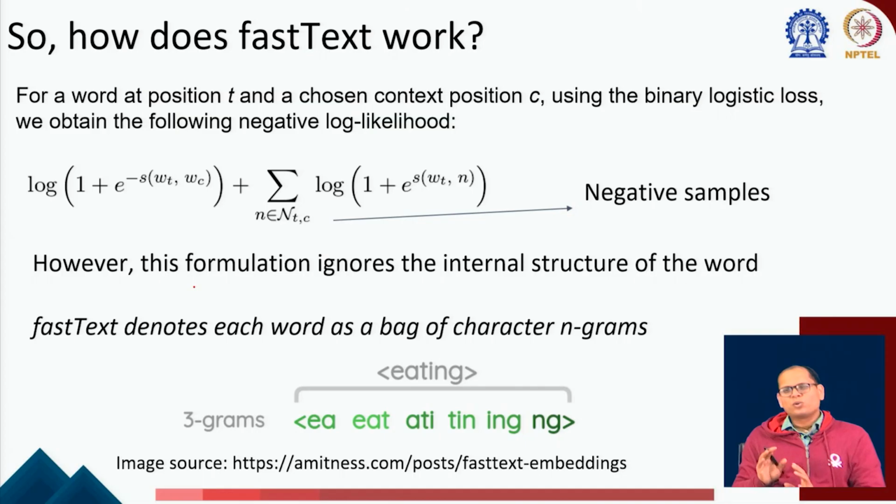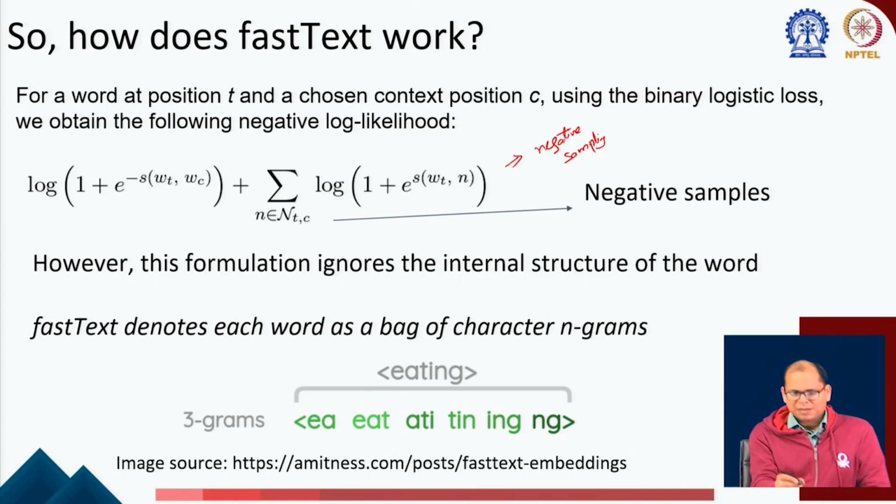So let's discuss a bit on how this FastText method actually works and how it is different from the previous methods we talked about. So the objective function is very similar, actually it's the same as the one that we have seen in the case of negative sampling. Okay. So what is happening? Suppose I am at a position t, my word is at position t, and the context position is c.